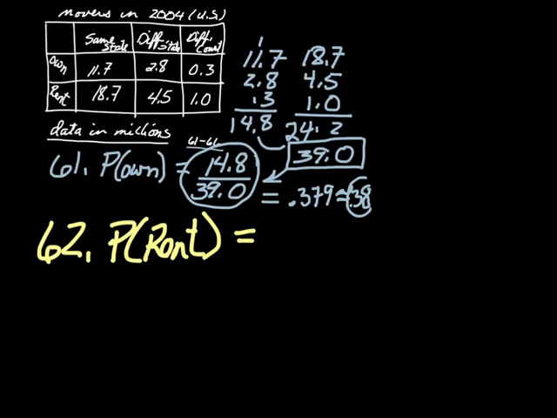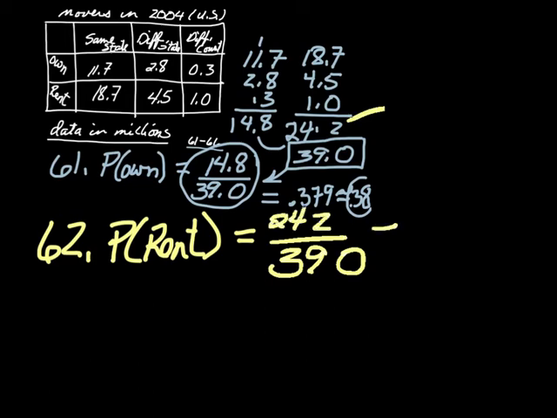Okay, well, we already know that the total number of movers was 39 million, so therefore the number of renters would be the total of the renters, which I found before, which is 24.2. And when I convert that to a decimal, I'm going to get 0.62, or 62% of the movers were renters, or the probability that a mover is a renter is 62%.